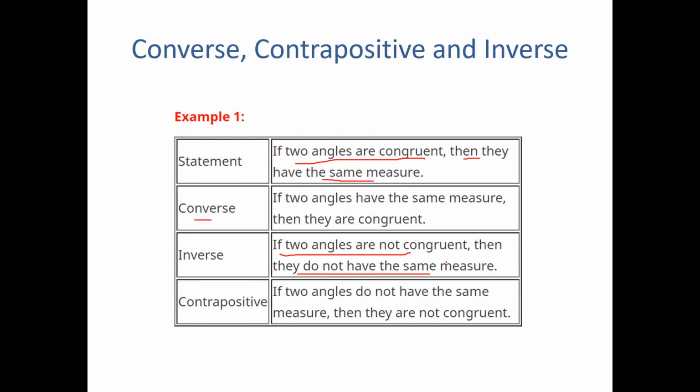So here the P and Q stayed the same, but we added the negation. Finally, contrapositive: if two angles do not have the same measure, then they are not congruent. All of these seem to be saying the same thing, right? And all of them are right, they all make sense.